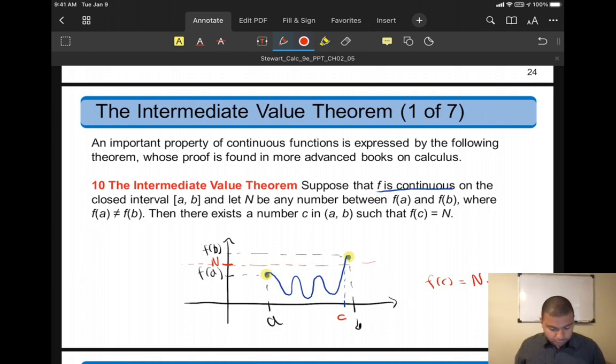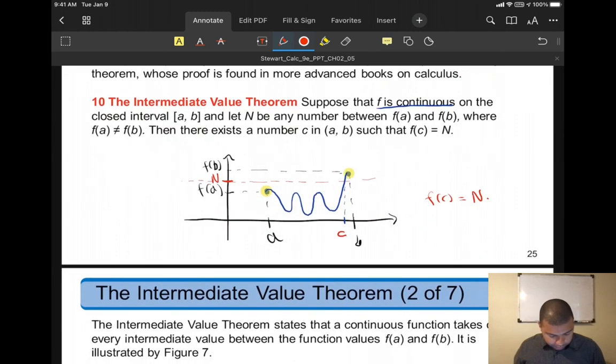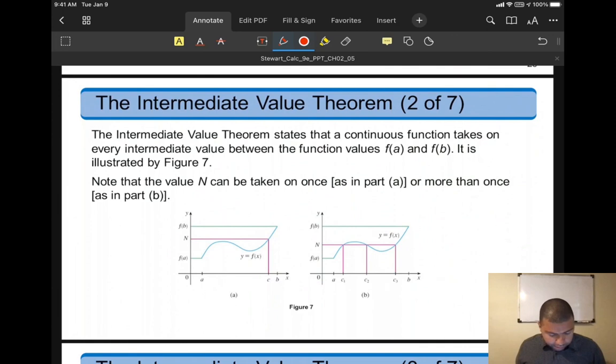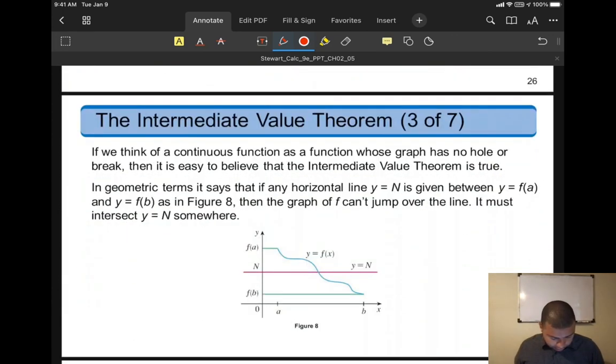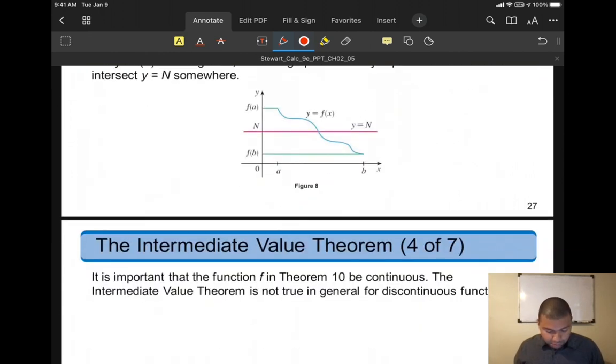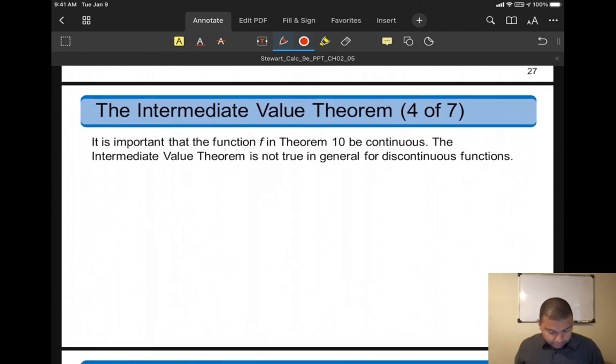Read this. Maybe watch this part of the video again where I explain this, and let's move on. Here's the graph where they explain the same thing. Another example. It doesn't matter if f of a is bigger or smaller. You have to cross the line because the line is in between. So that's what the intermediate value theorem says.